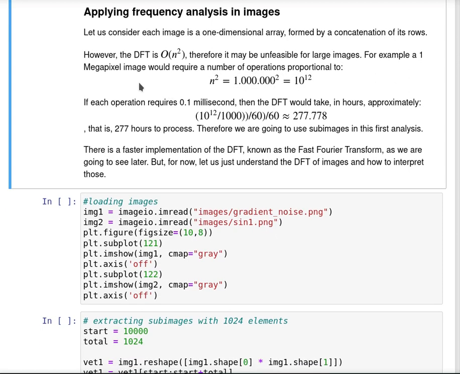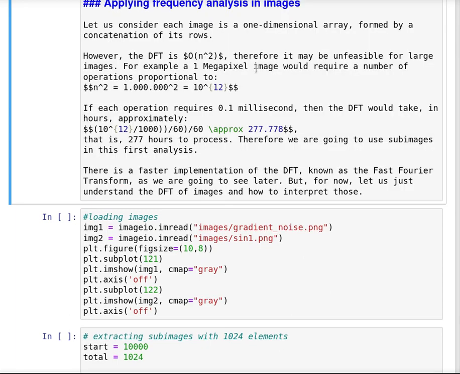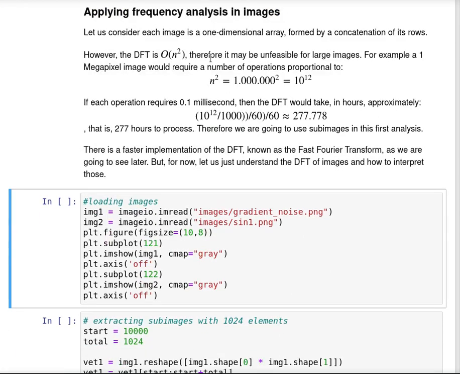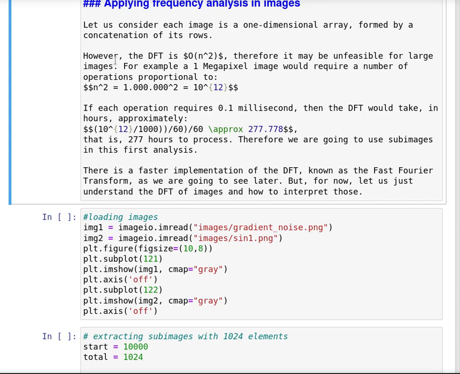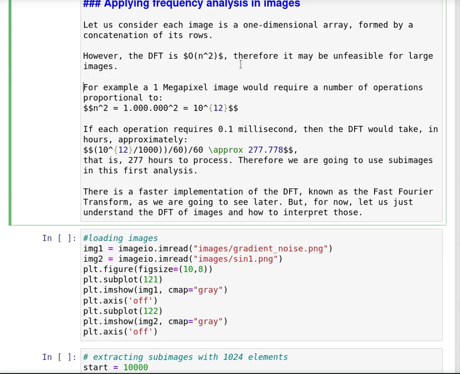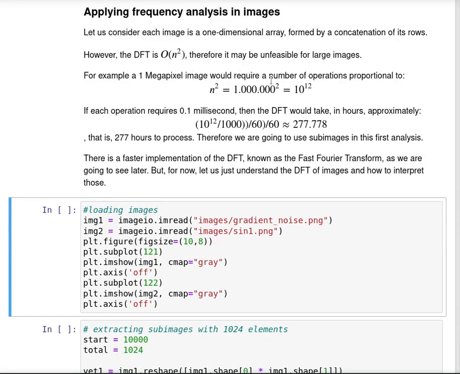Because of the complexity of the DFT, this would be unfeasible for large images. If we have an image that is a one-dimensional array and the image has a very high resolution, let us see how it would behave. For example, a 1 megapixel image would require a number of operations proportional to n squared.